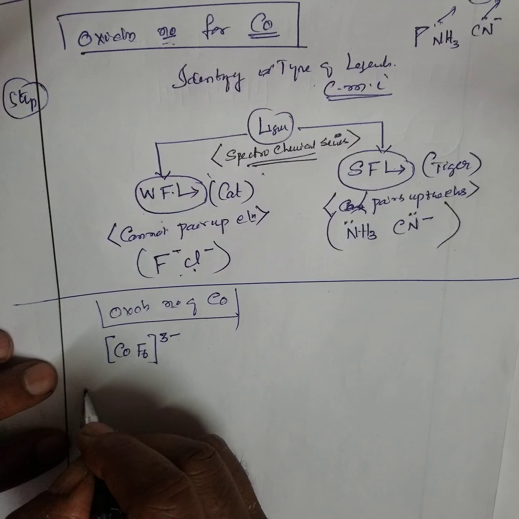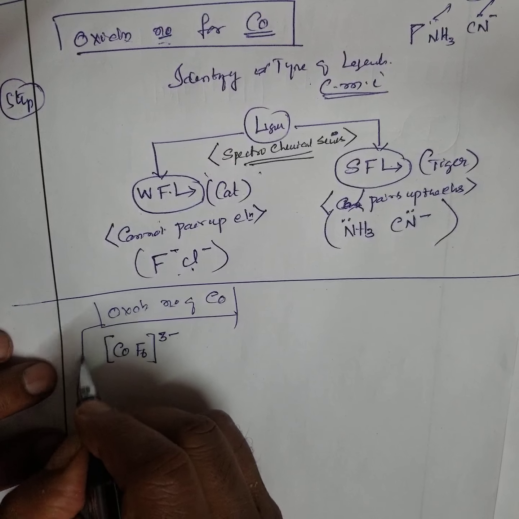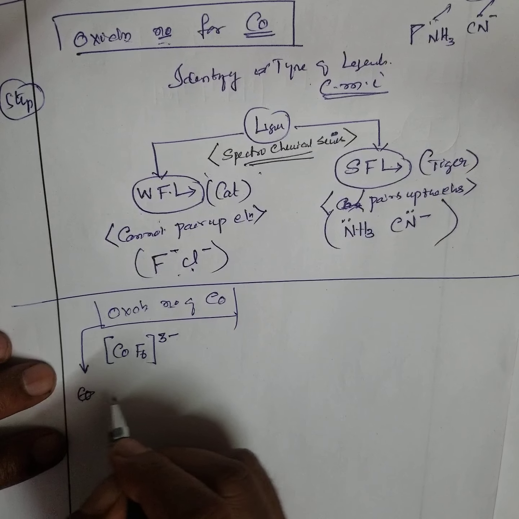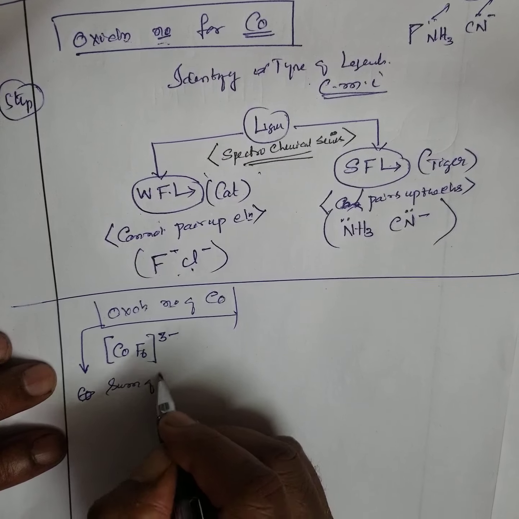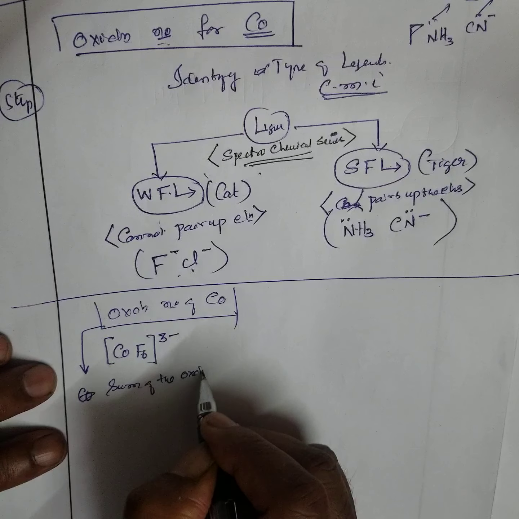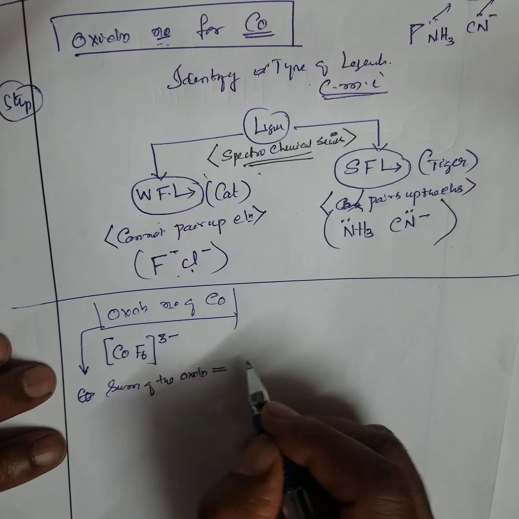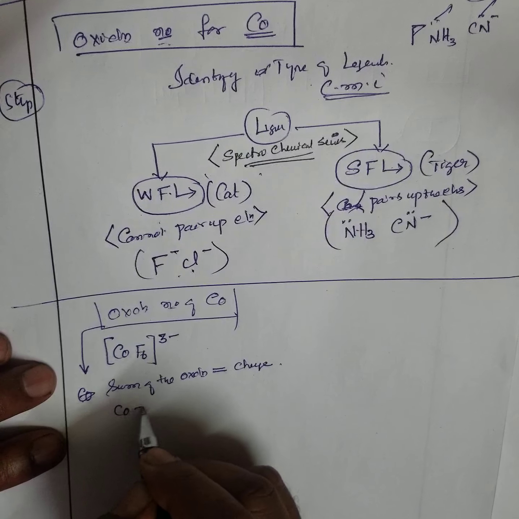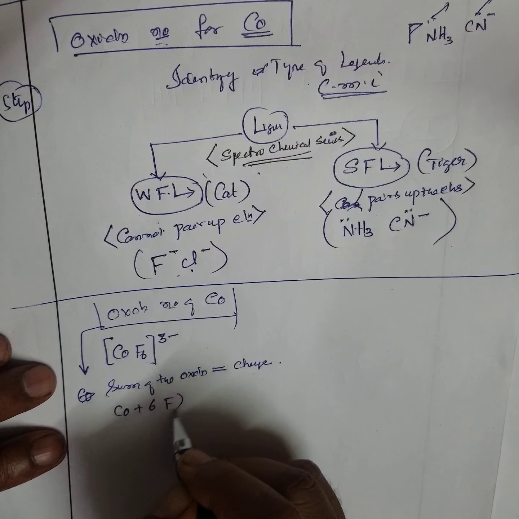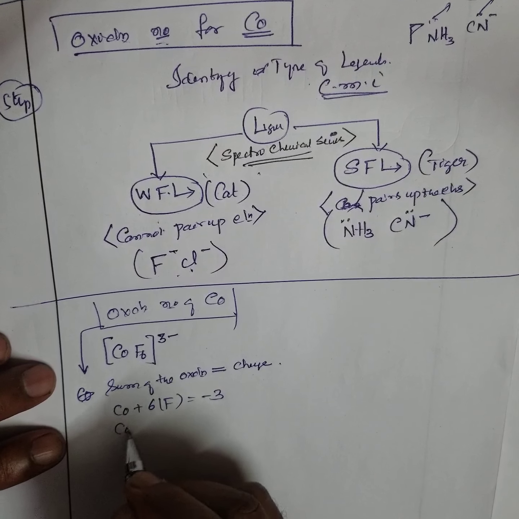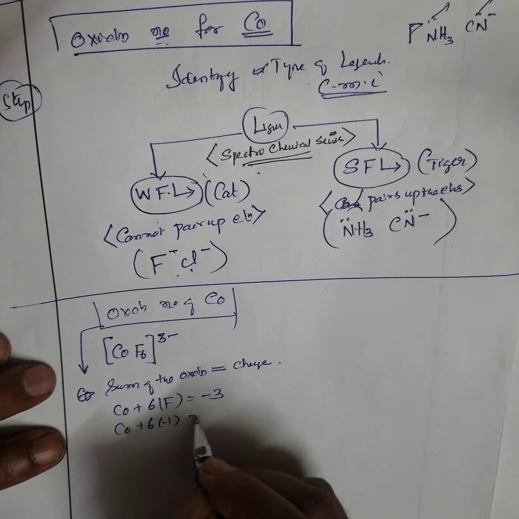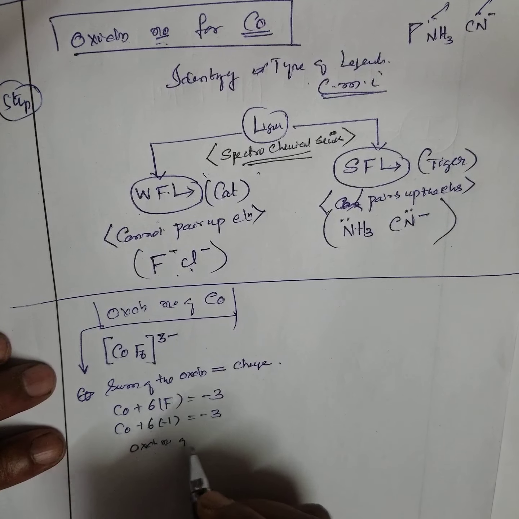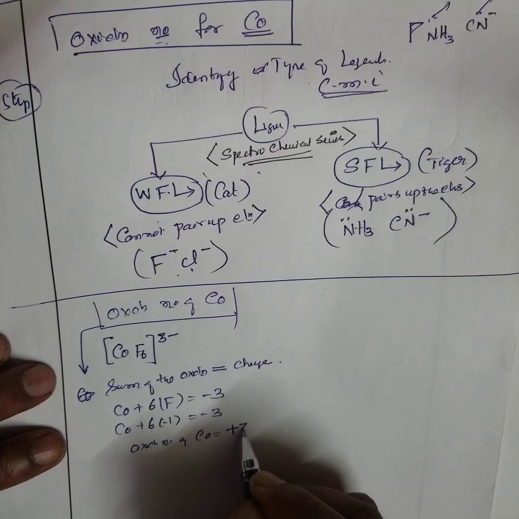I am going to find out the oxidation number. The sum of the oxidation numbers is equal to the charge. So, Co plus 6 times minus 1 is equal to minus 3. The oxidation number of cobalt is plus 3.